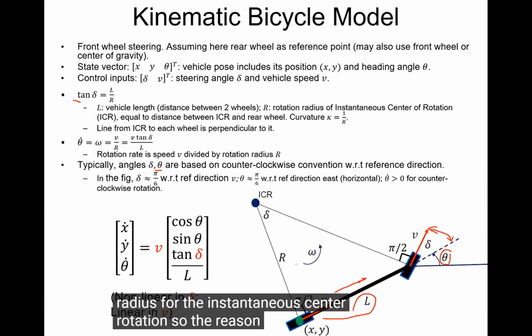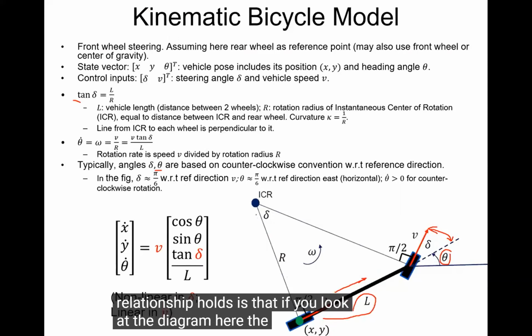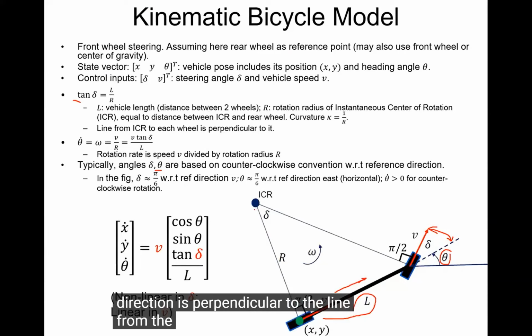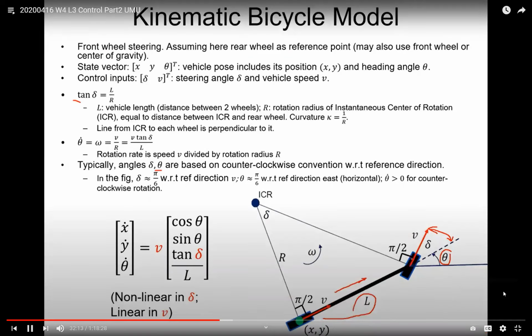So the reason that this relationship holds is that if you look at the diagram here, the rear wheel's direction is perpendicular to the line from the ICR to the rear wheel. And the front wheel's direction is perpendicular to the line from the ICR to the front wheel.